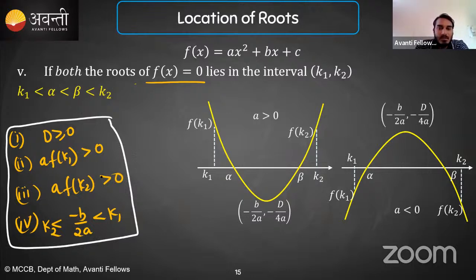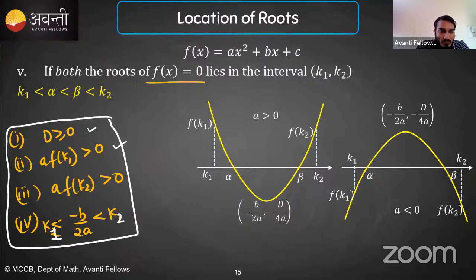Now see, for example, if both roots are greater than k1, then what conditions do we use? D greater than 0, a into f of k1 greater than 0, and the x coordinate should be greater than k1.